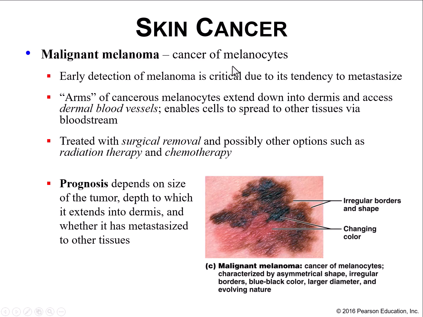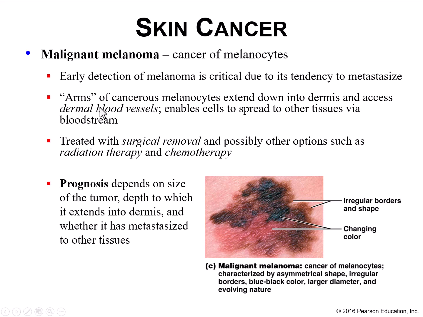Now, malignant melanoma. This is a cancer of our melanocytes. That's the cell that makes the pigments. Early detection is really critical. Remember how the arms of the melanocyte go up into the other layers and actually can get down into the dermis, where they come in contact with the circulatory system, and then they spread.